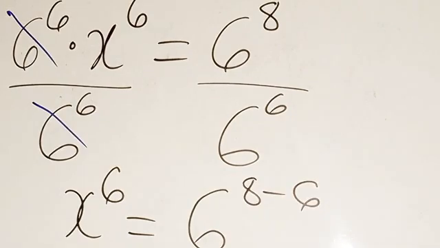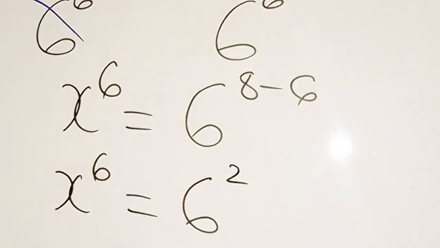So now from there, we have x^6 equals 8 minus 6, that will give us 2, right?